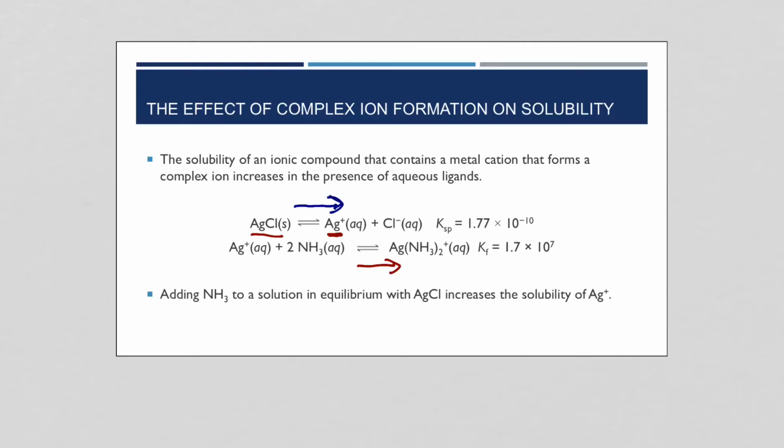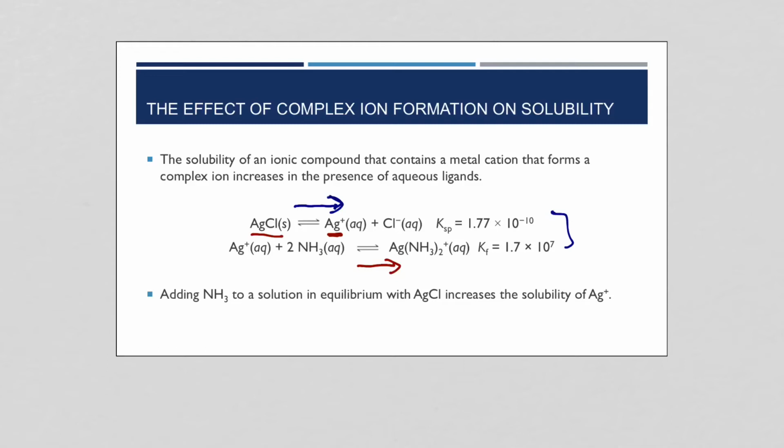Now, if you remember back to chapter 16, when we add up two reactions in order to find the overall equilibrium for the sum of the two reactions, we have to multiply the two K values.